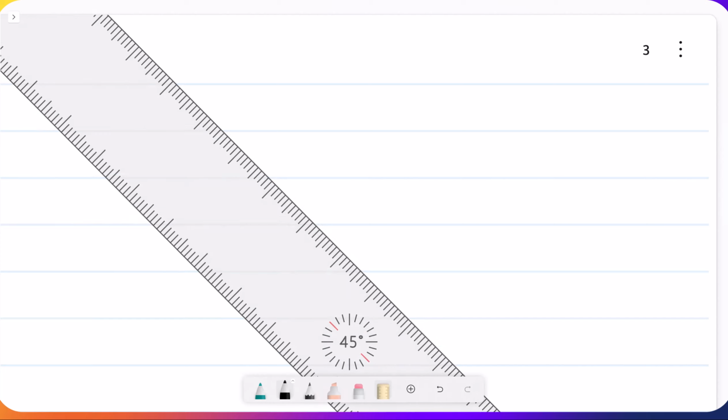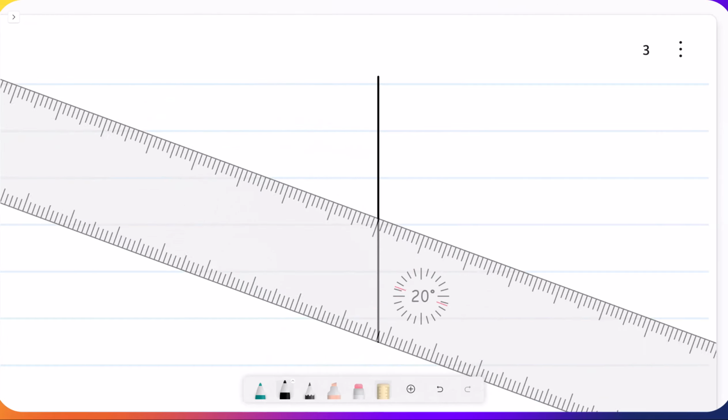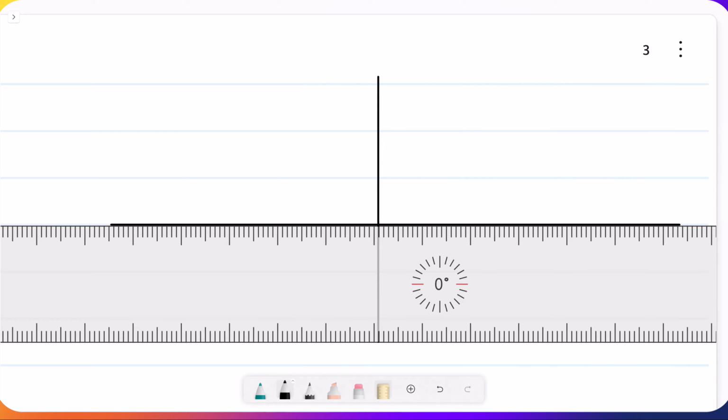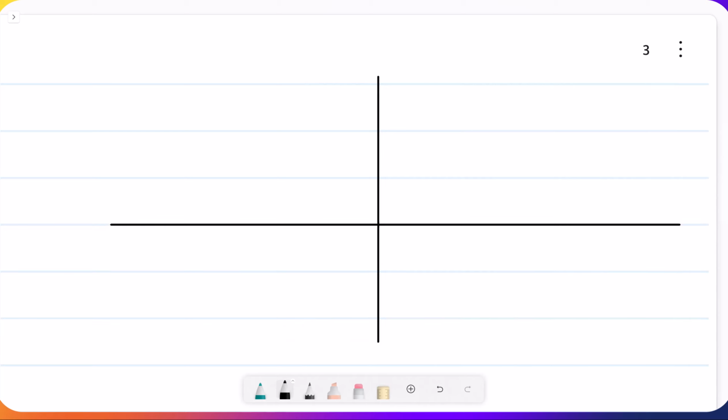Okay. All right. So let's go ahead and break out the ruler. All right. Okay, so as far as points, we know the intercept is right there.